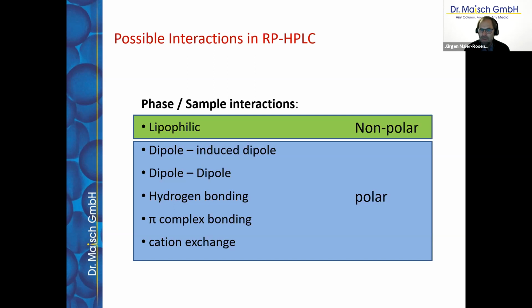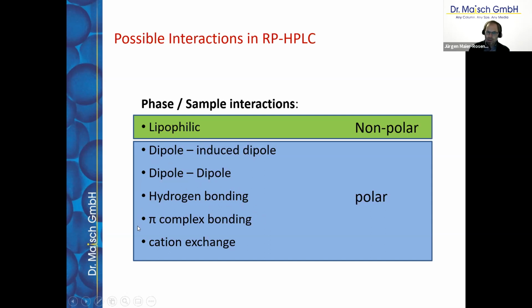Then we have 5 different polar interactions, which are not so well known by the users, but they are also pretty important for method development, and also if you have some issues and want to change interactions, they really play a big role. We have the different dipole interactions, the dipole induced dipole interactions, and of course the hydrogen bonding interactions.